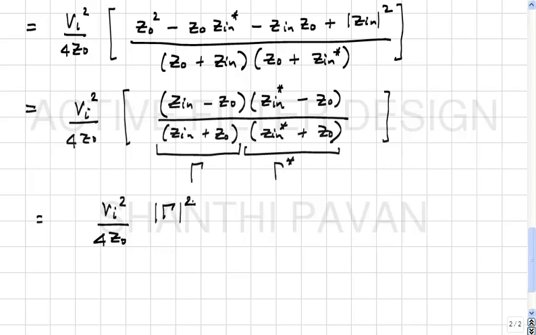And this gamma depends, as you can see, on the difference between Zn and Z0. If Zn equals Z0, gamma and mod gamma are 0.